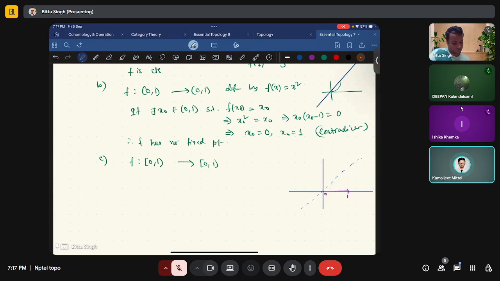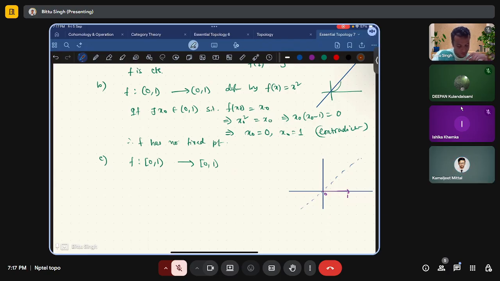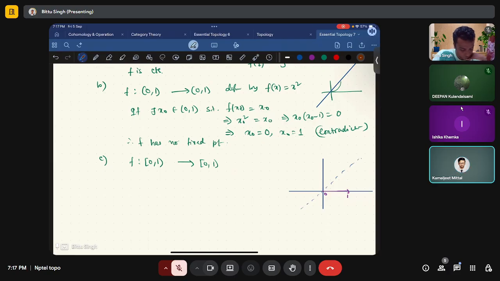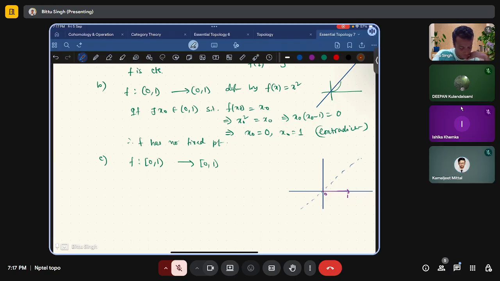Sir, can we think about log x or not? Log x will be undefined because 0 is already there, right? Okay, sir. Yes. So you need to see a different counterexample because the range also should belong to this [0, 1), right?